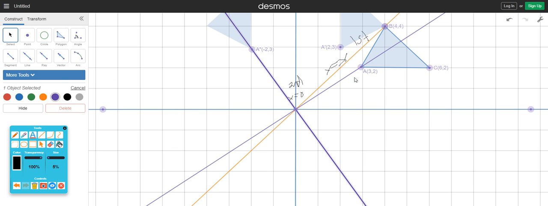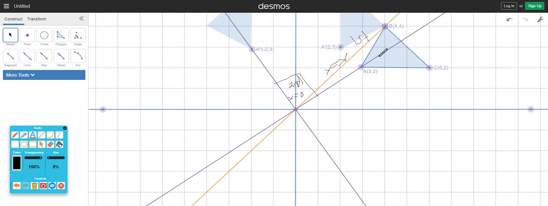Can you guys see that this forms a right angle between them? It formed a right angle. So I went from reflecting here to reflecting there. Well, interesting enough, this forms a 90-degree angle.